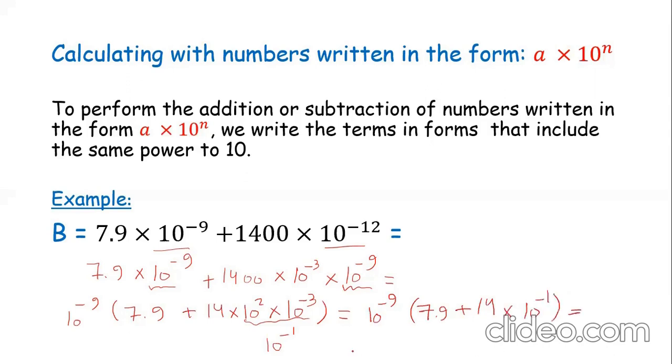And this is equal to 10 to the power of minus 9 multiplied by 7.9 plus 1.4, and this will give me 9.3 multiplied by 10 to the power of minus 9. And if we want, we can fix it further.